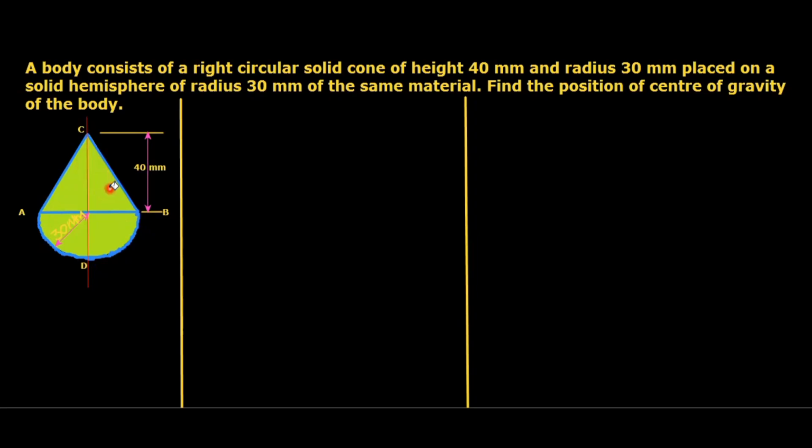And here, this is symmetric about its vertical axis. So it is not needed to calculate the value of x bar, because here this will be the bottommost line. That means this edge D of the hemisphere, that is the bottommost point or bottommost line, will act as the reference for the y bar calculation.